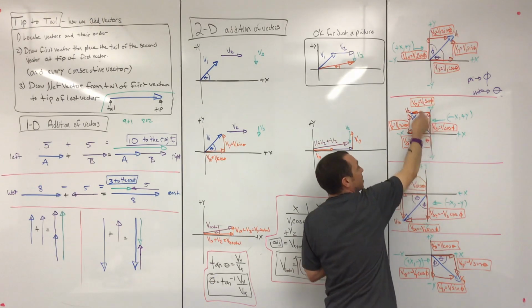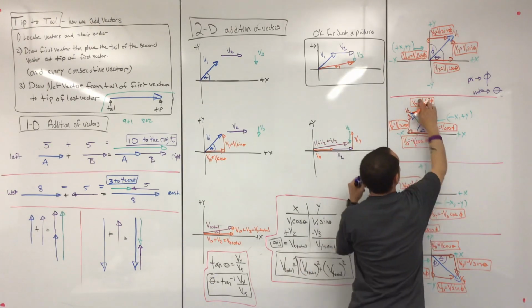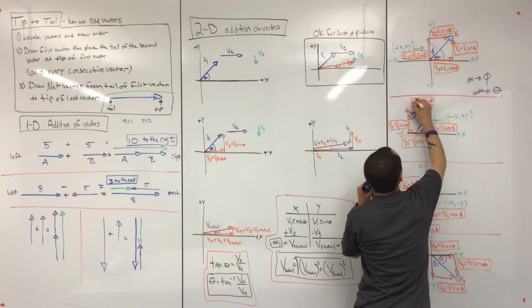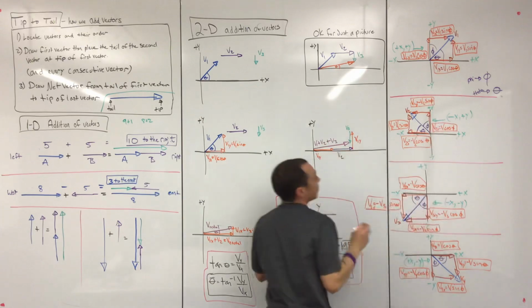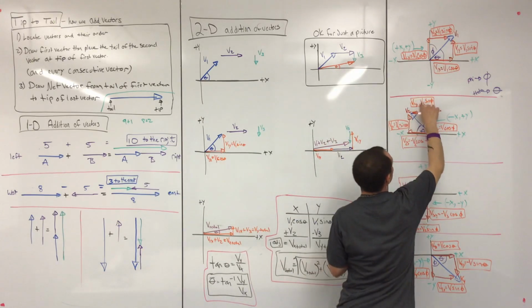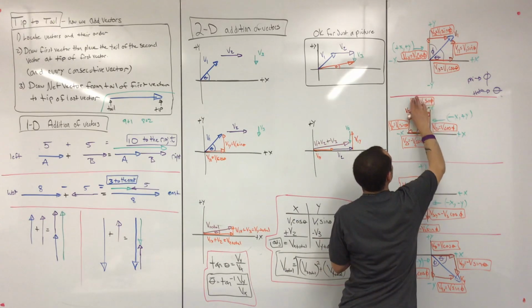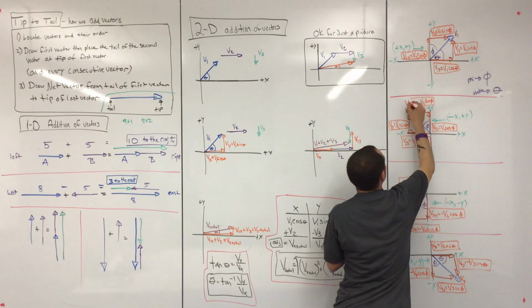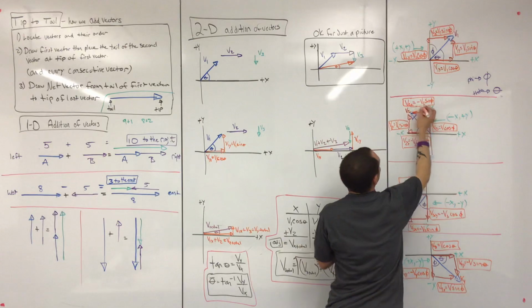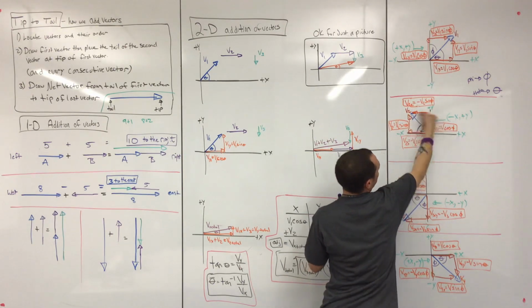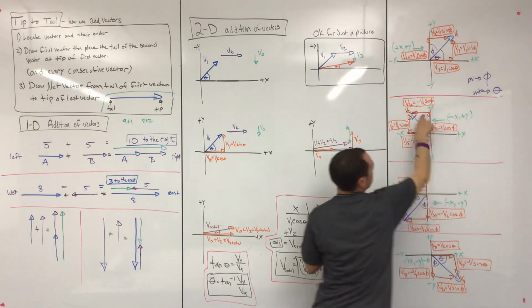Again, it's sine because it's opposite, and it should be negative. Now, there I didn't put the negative, and I should have. So V2x, this one right here, pointed this way, is equal to negative V2 sine phi.